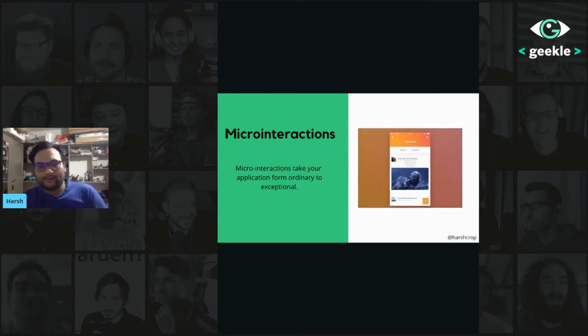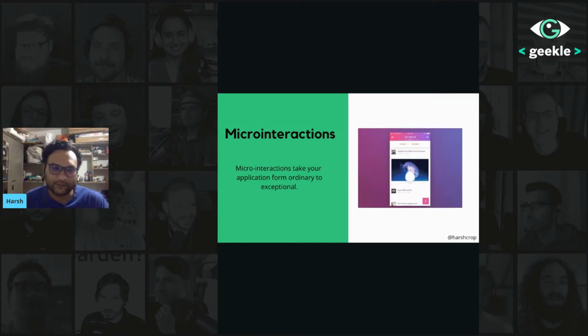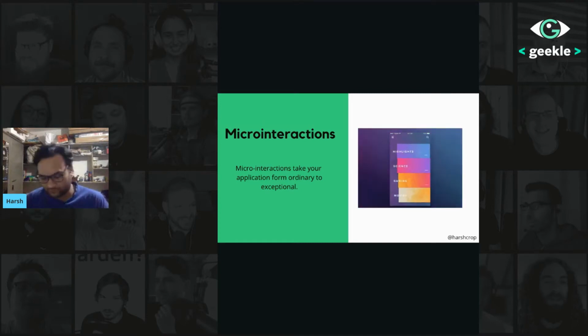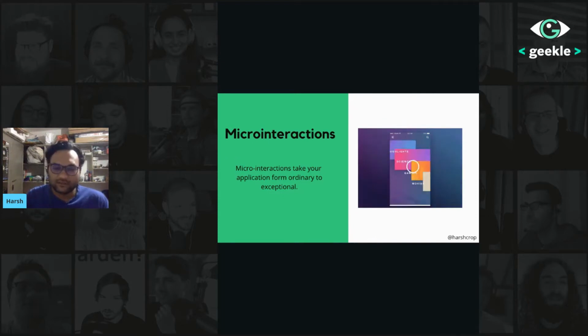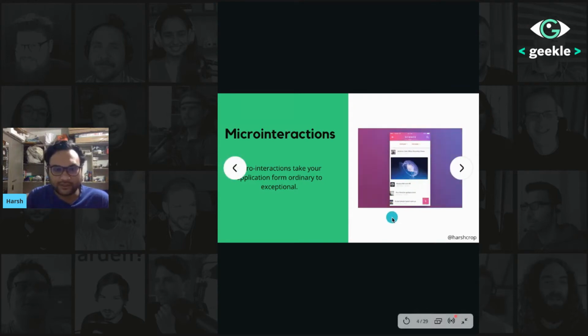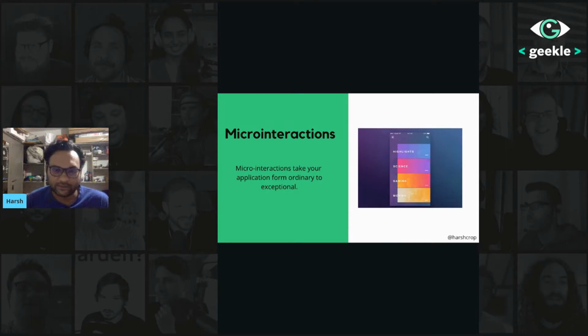So what is a microinteraction? Some of you know, some of you don't. Let me conclude: microinteractions take an application from ordinary to extraordinary, or exceptional, level. What you are looking at on your right side is small microinteractions and animations performing in your app.